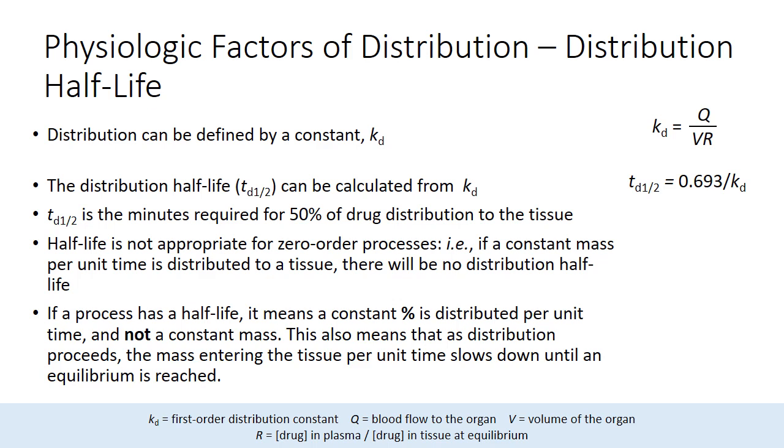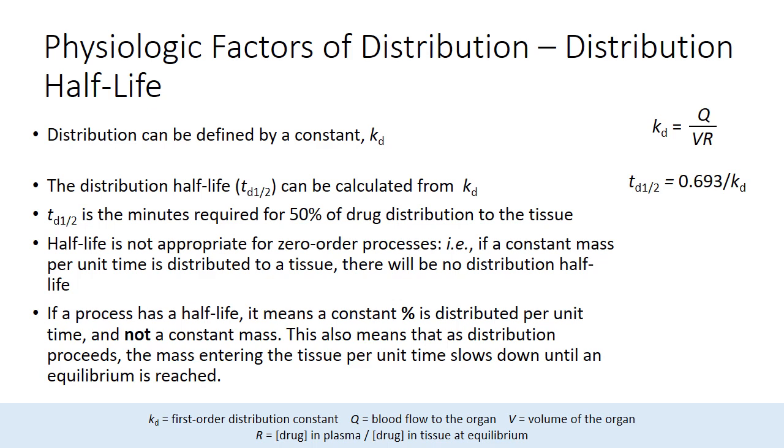And you can actually calculate a half-life for drug diffusion into a tissue, which is kind of weird because we're talking about drug appearing, not disappearing, into the tissue compartment, right? So the half-life would be the time at which 50% of distribution has occurred in that tissue. Okay, so it's not something I plan on asking a lot of questions on because I don't have that in a lot of the calculations. But again, the T1/2 for distribution is the minutes required for 50% of the drug to distribute into the tissue.